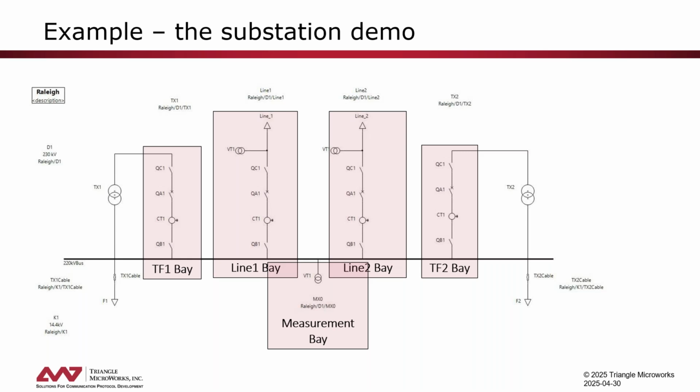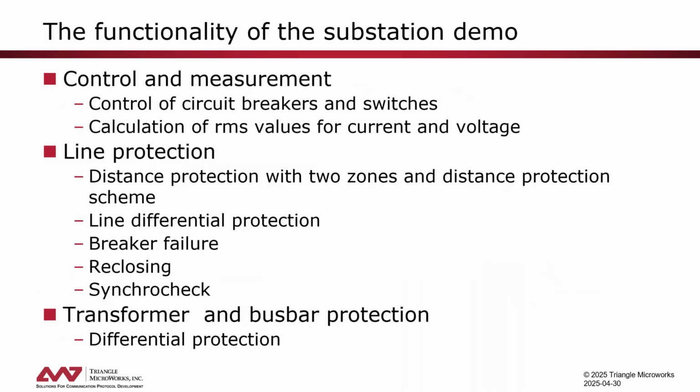What we see here on this slide is a reminder on how this substation demo looks. We have basically 4 bays, a single bus bar substation with 2 line bays, 2 transformer bays, and then we also have a measurement bay for measuring the bus voltage. For control and measurement, we have control of circuit breakers and switches.